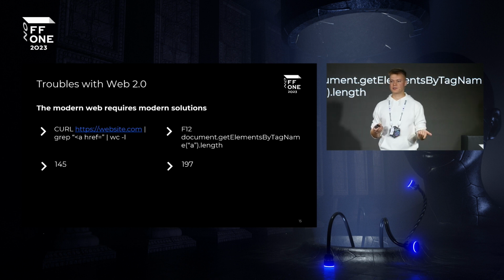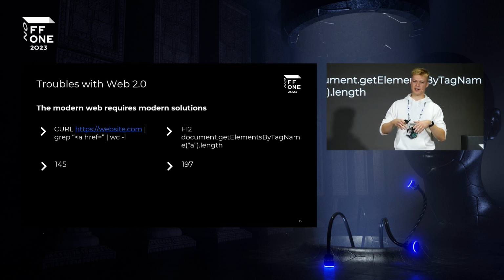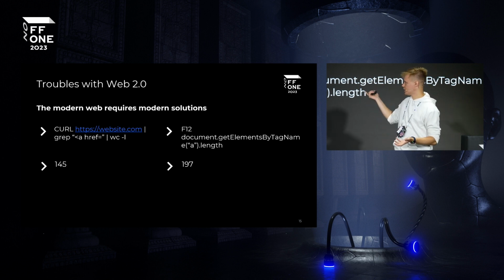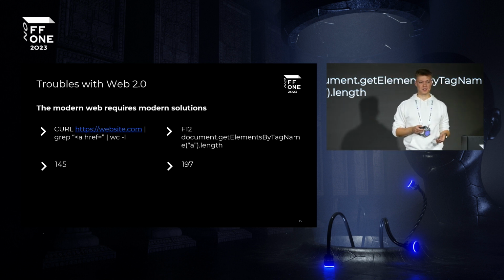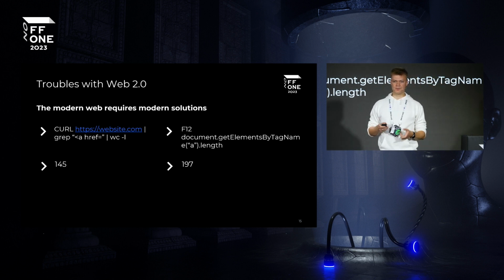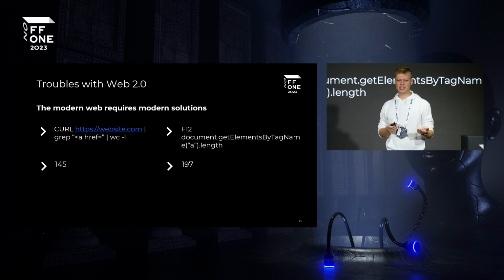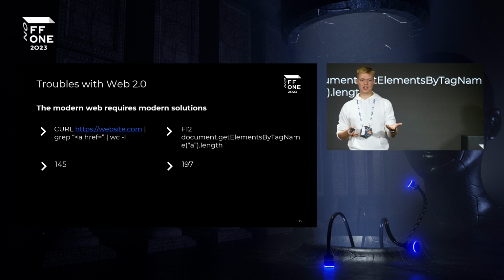And then I sifted through it. I wanted to find the links to collect information about the website, so I grabbed them using the HTML tag href. I found 145 links, and then I loaded the website dynamically to understand how many links it would contain.